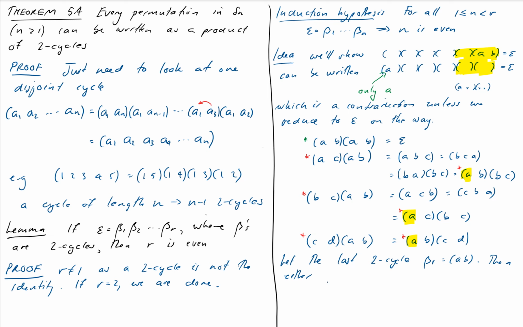So either beta R minus 1 times beta R is the identity, in which case, starting from my statement here, beta 1, beta 2 up to beta R minus 2 equals that identity, which by my induction hypothesis implies that R minus 2 is even, and hence R is even.